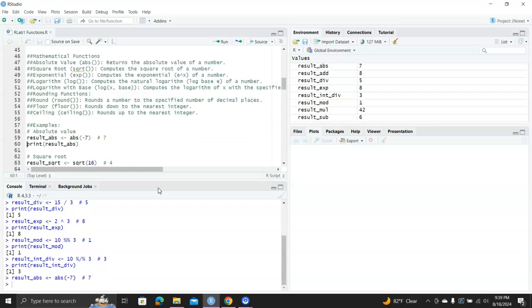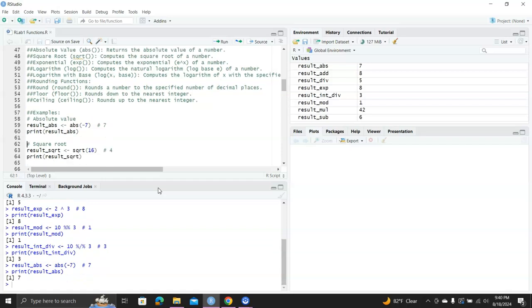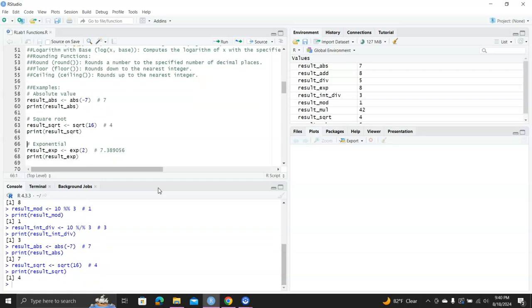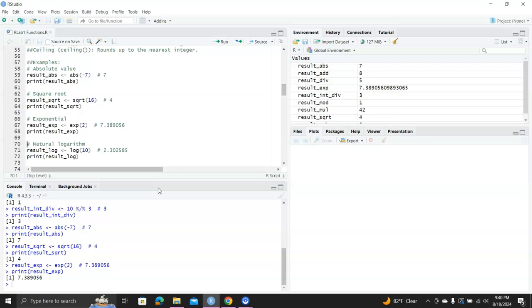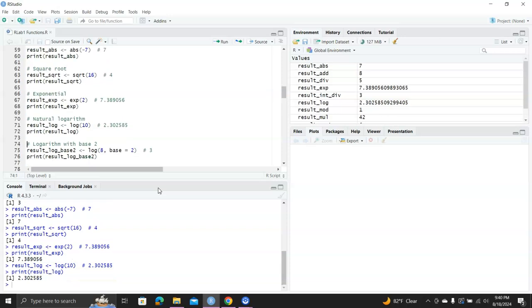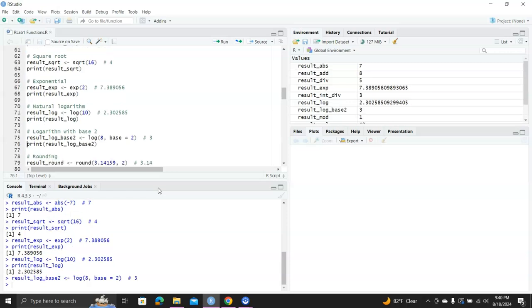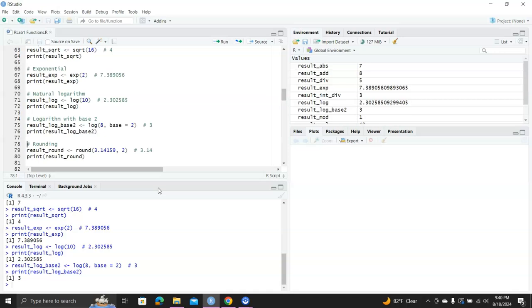So absolute value of -7 is 7. Square root of 16 is 4. Exponential of 2 is 7.38956. The natural logarithm of 10 is 2.302585. If you want to do a logarithm with base 2, then you have to specify base equal to 2, and this gives us 3.